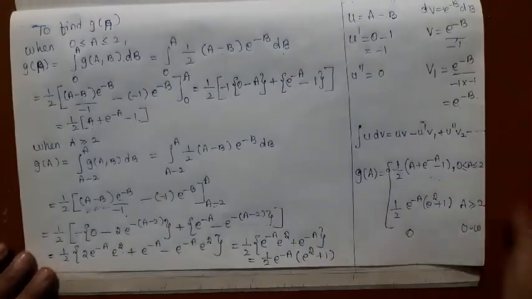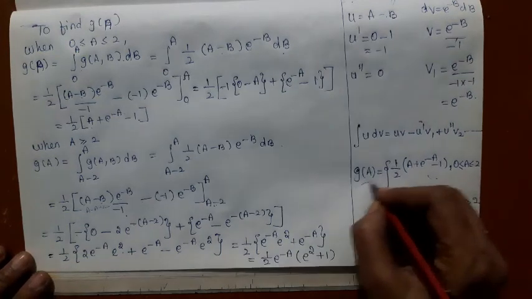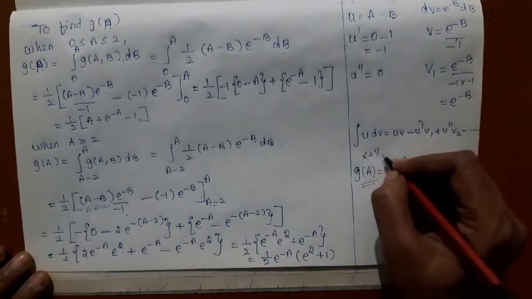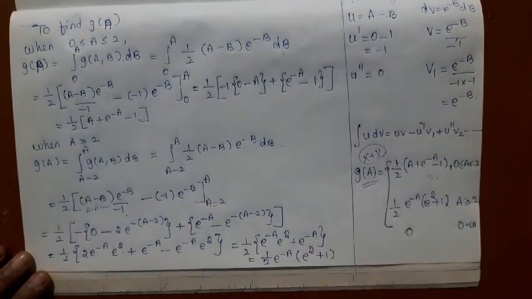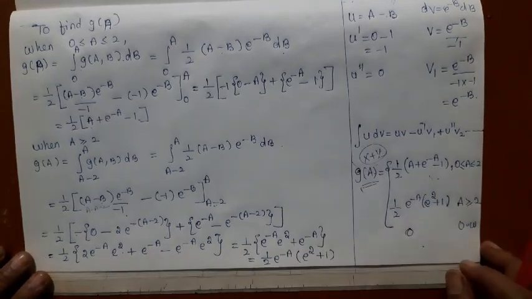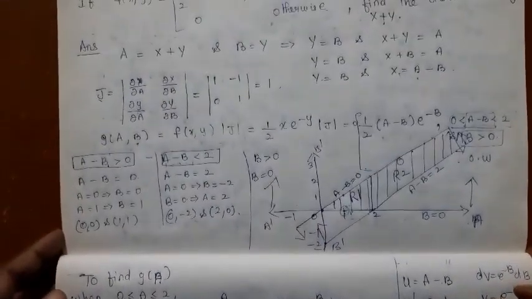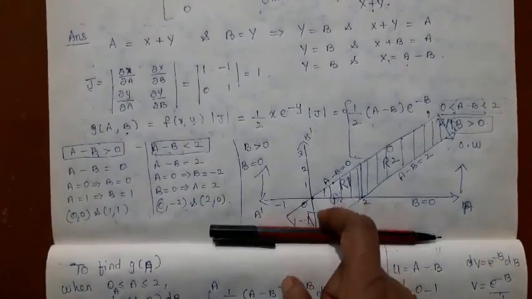So this is how you find the distribution of the sum of two random variables, which I have taken as a. Right? This is the distribution of the sum of two random variables which we derived using this joint density function. Okay, thank you.